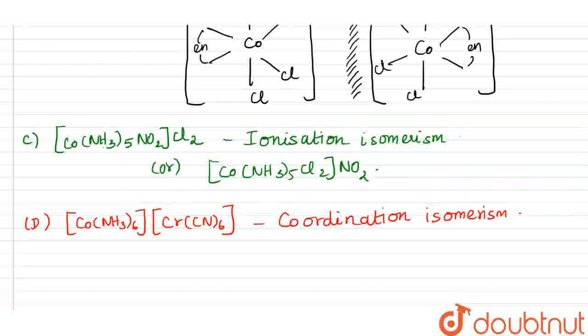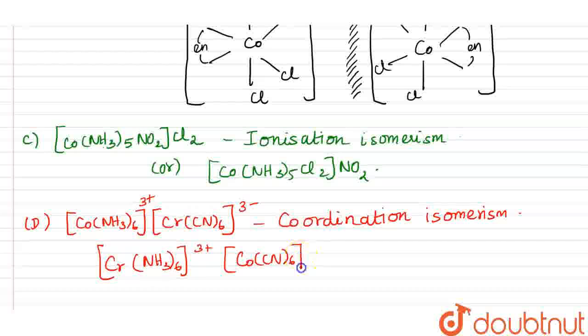For example, we can write cobalt NH3 6 3 plus with chromium CN 6 3 minus. The metals can interchange, so it can be chromium NH3 6 3 plus and cobalt CN 6 3 minus.